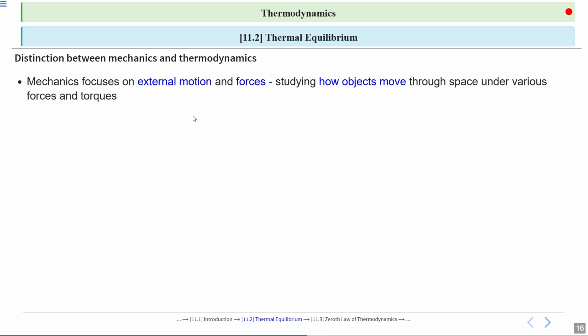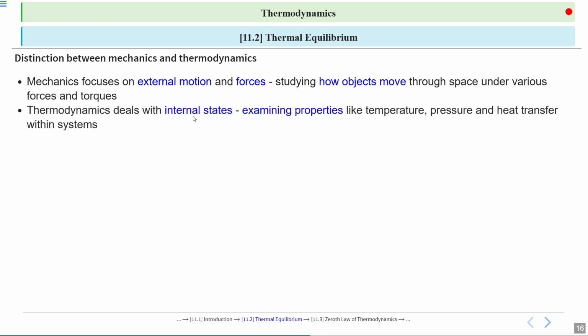In external motion or forces, we study how objects move through space under various forces and torques. But in thermodynamics, we deal with internal states, or examine properties like temperature, pressure, and heat transfer within systems.